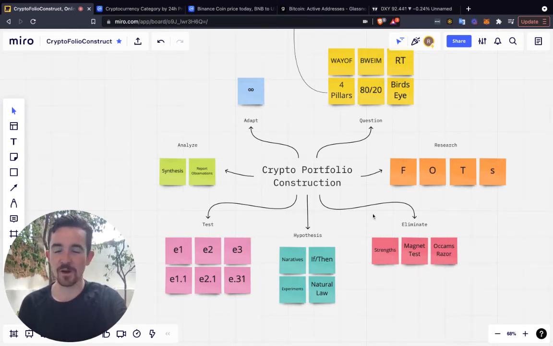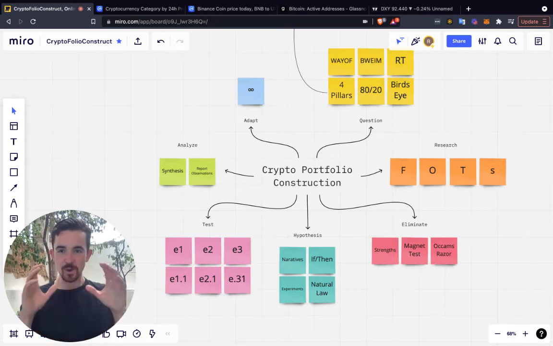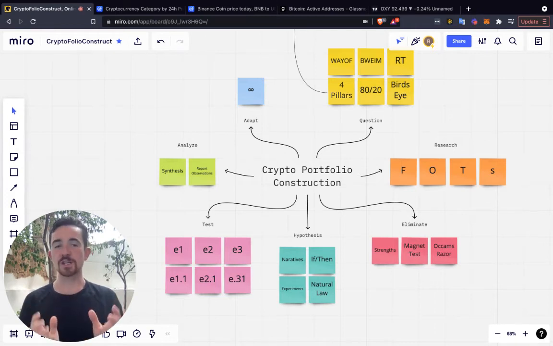But here in the elimination stage, once you've identified some projects that you're interested in, and once you understand this question stage where you have to look at the four pillars and do your own research on the individual project, then you have to ask, what are your personal strengths? Do you come from a background of working in the gaming space? Maybe you've been working in esports.